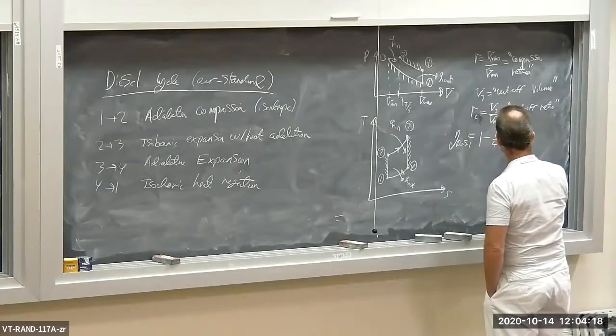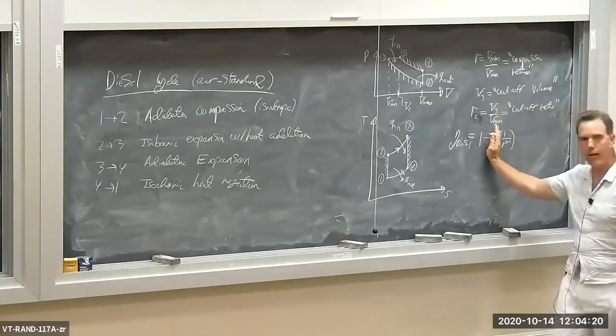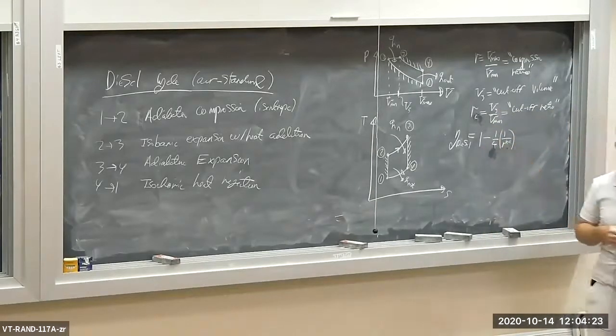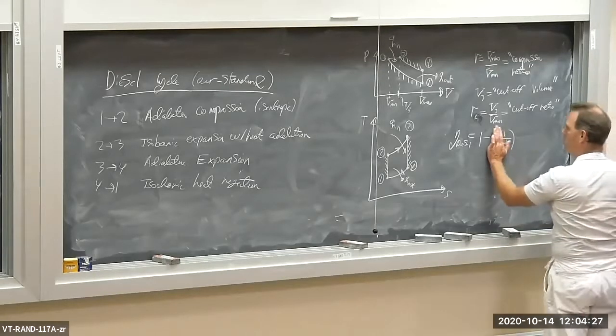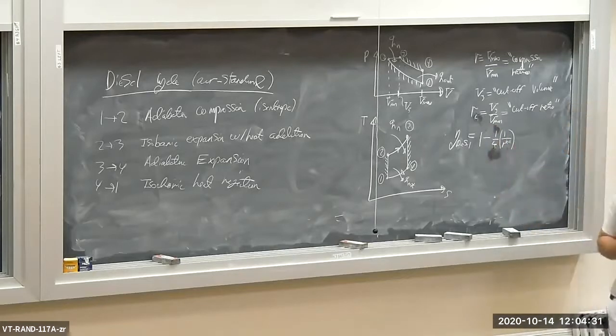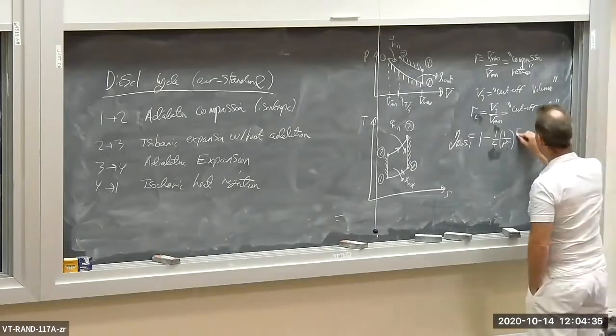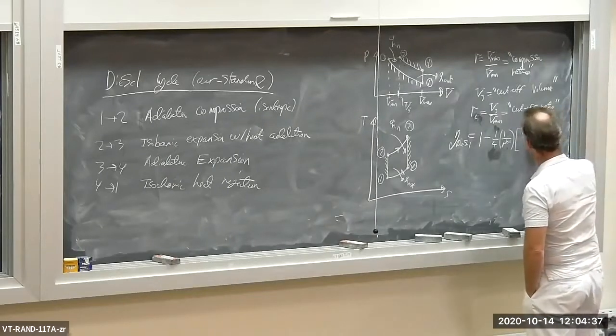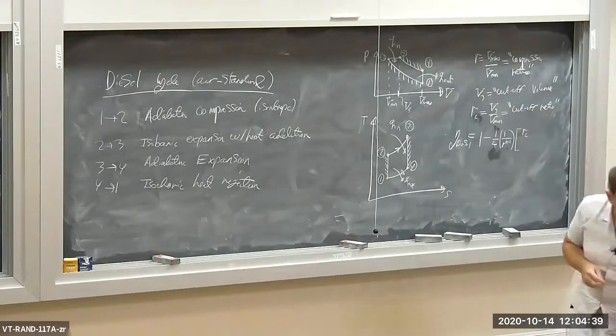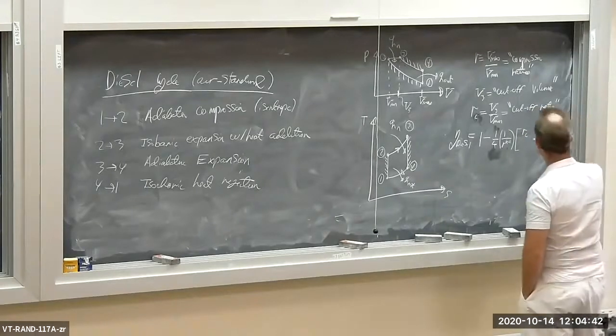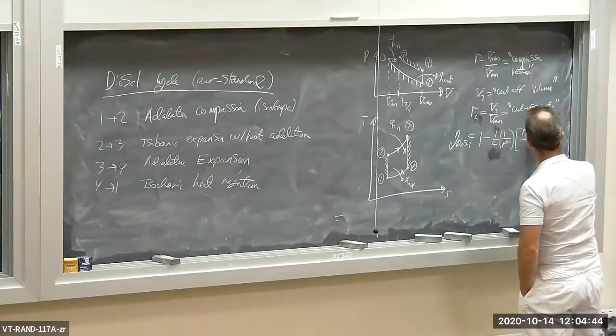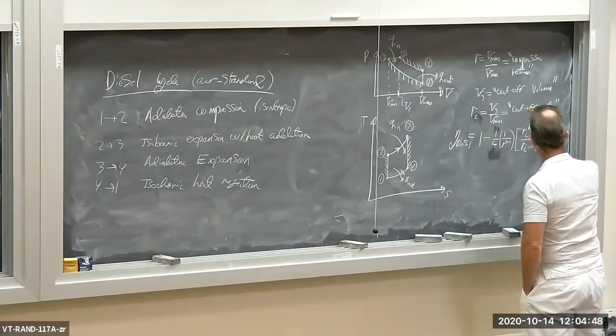Now that looks exactly, with the exception of the 1 over K, like the Otto cycle efficiency. The Otto cycle efficiency was 1 minus 1 over R to the K minus 1. So we got this K in here, that's a little bit more complicated. And then we have in parentheses here the cutoff ratio to the Kth power minus 1 divided by the cutoff ratio minus 1.